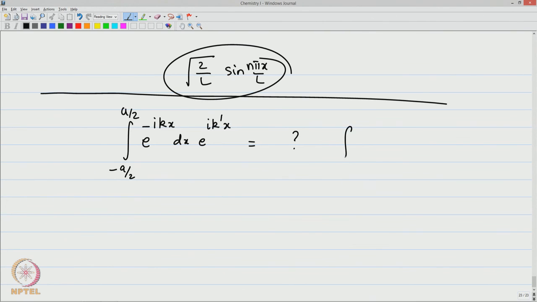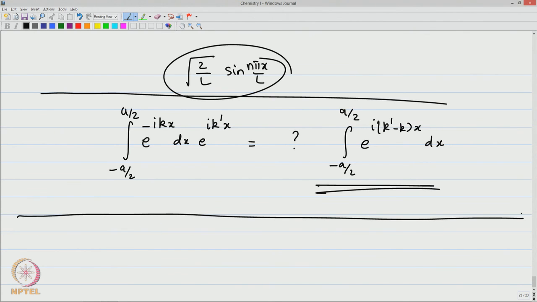It is of course the integral from minus a by 2 to plus a by 2 of e to the i k prime minus k x dx, and you know that this is not orthogonal. The integral is not 0 for finite a. So, you can do this integral.